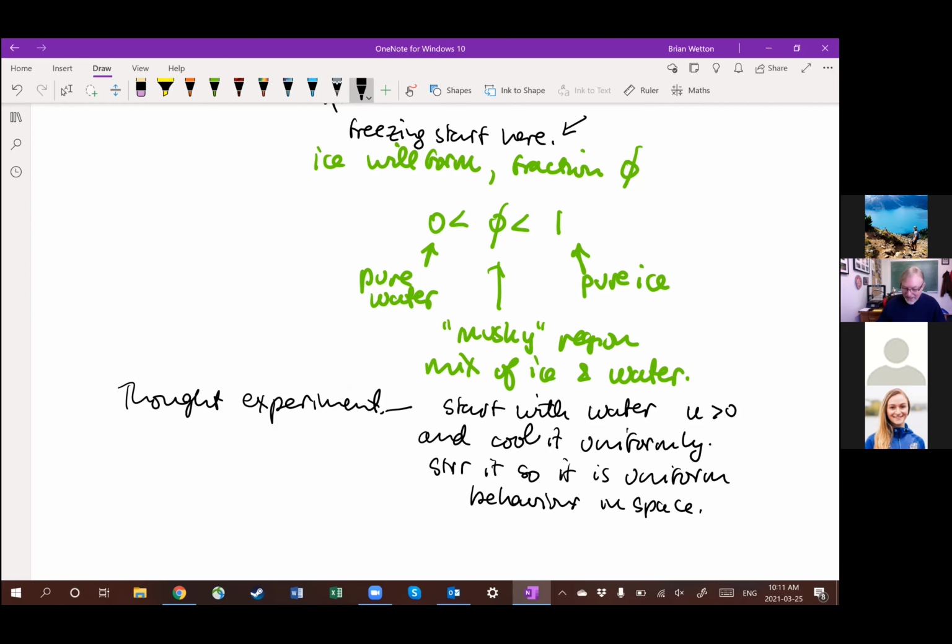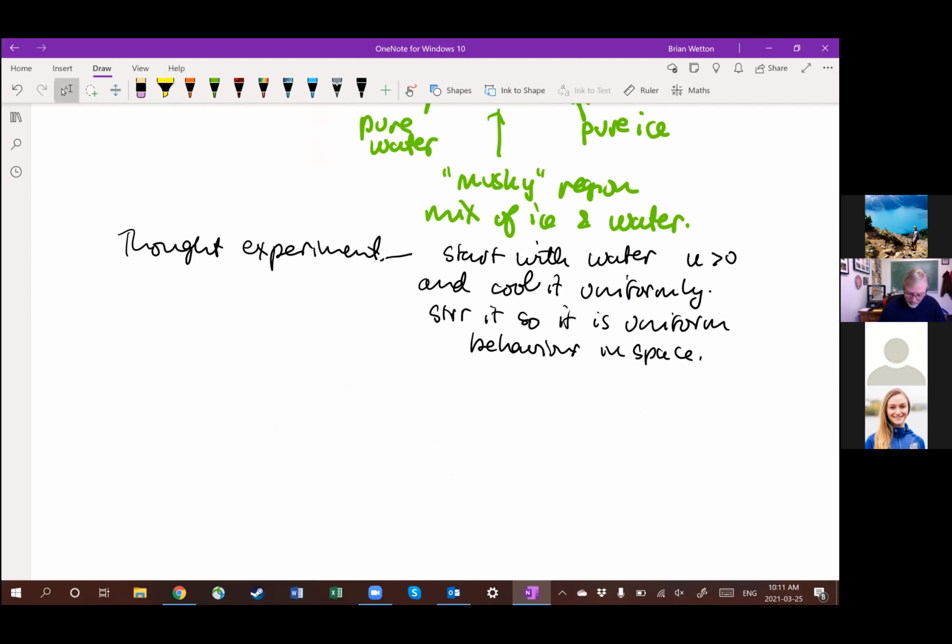It's a stirred tank. I've got a stirred tank with water that I'm cooling down. Okay, so what's going to happen? I want to look at what happens to the temperature as I remove heat. And I'll scale it to be at a unit rate.